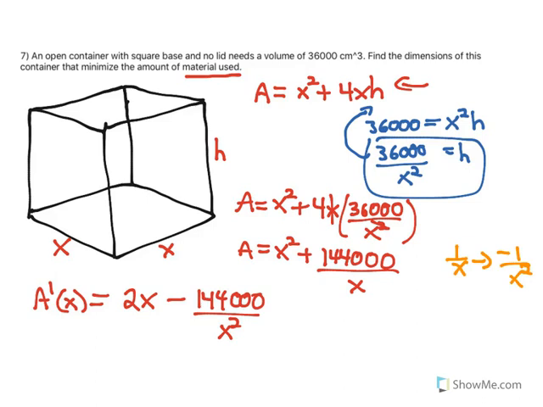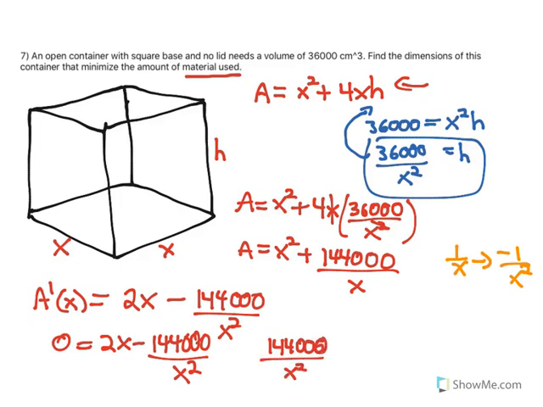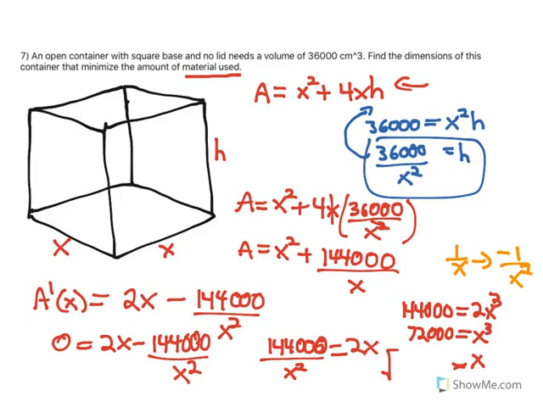Now I'm going to set my derivative equal to 0 because I want to find the spot that will minimize it. 144,000 over x squared equals 2x, cross multiply, and we get 144,000 equals 2x cubed, 72,000 when we divide by 2 equals x cubed, so x equals the cube root of 72,000, which is about 41.6 centimeters. So that should be the length of the base.